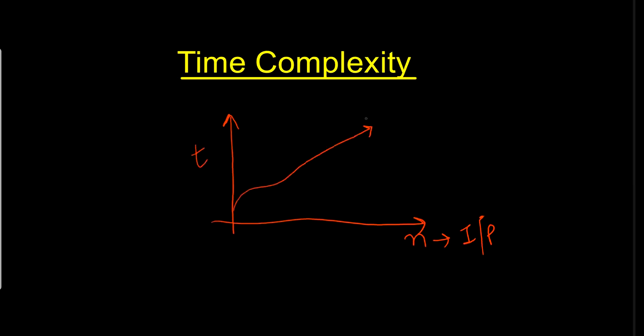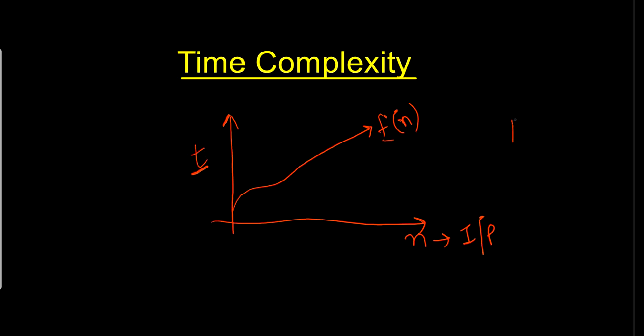So let's start. In the last video, we had a graph where on the x-axis we had n for the size of input, whereas on the y-axis we had time. And the function of n will be quite like this, which depends on time.